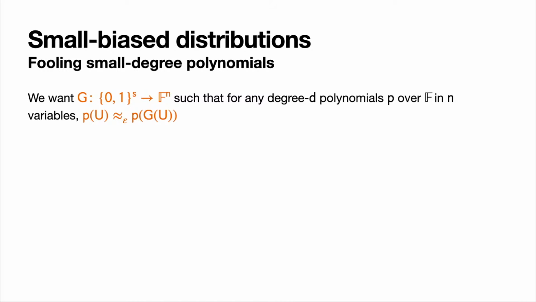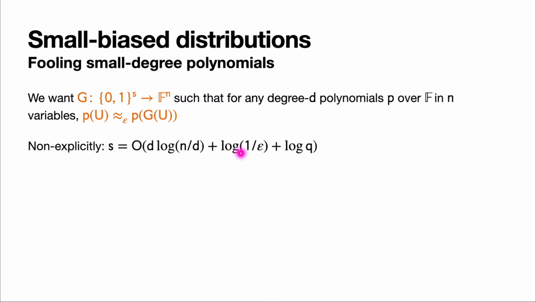Here curly F is the set of low degree polynomials over a finite field. Here's what the probabilistic argument will give you: d log n over d plus log 1 over epsilon plus log q.